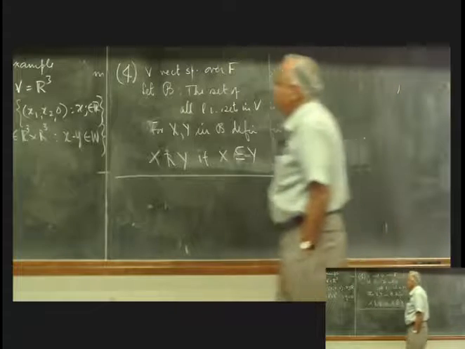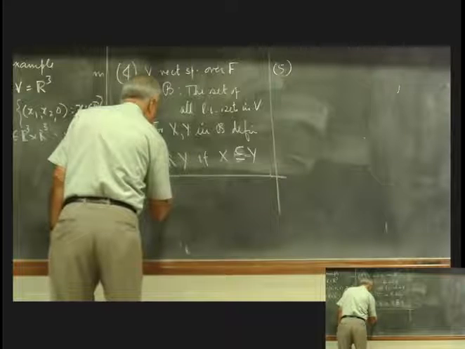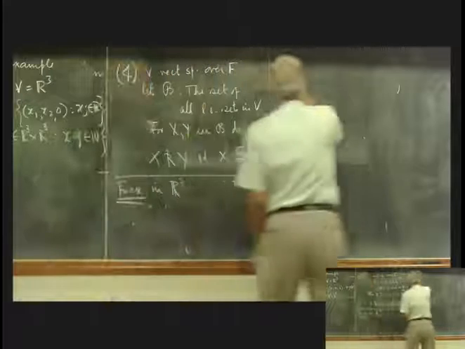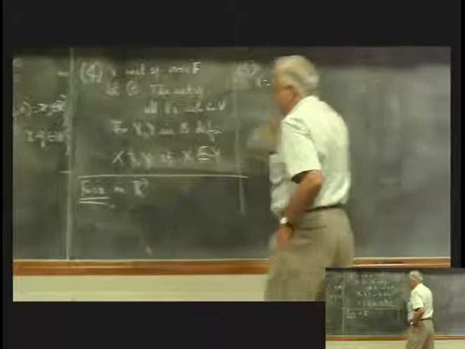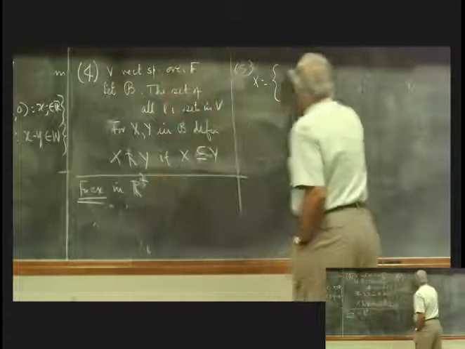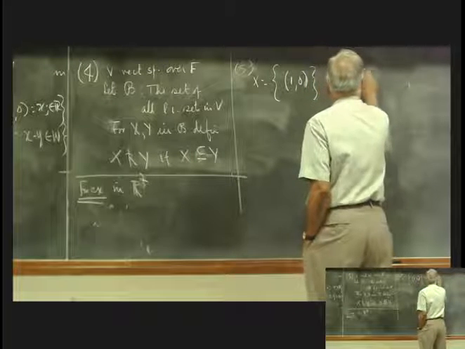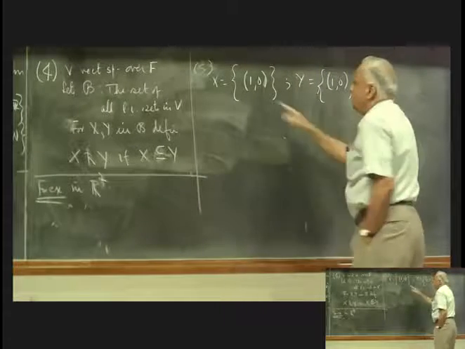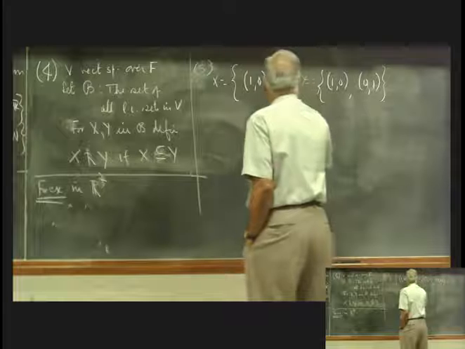For example, let me make it R2 to make life simpler. If you look at x to be the set {(1, 0)}, and y to be the set {(1, 0), (0, 1)}, then x is related to y. Both are linearly independent sets and x is a part of y, so x is related to y.